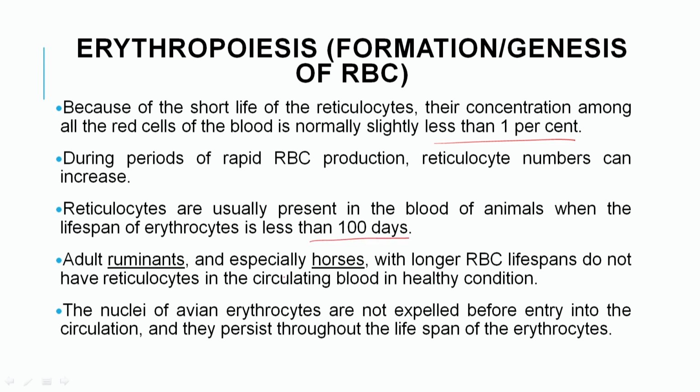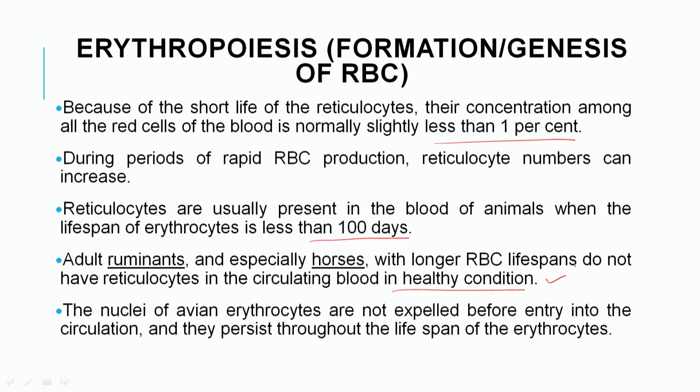In adult ruminants and horses, with their longer RBC lifespan, there are no reticulocytes in the circulating blood in a healthy condition. So if the lifespan of the RBC is less than 100 days, reticulocytes in the blood can be seen easily, whereas if the lifespan of the RBC is more than 100 days, the chance of seeing reticulocytes in the circulation when the animal is healthy is very low.